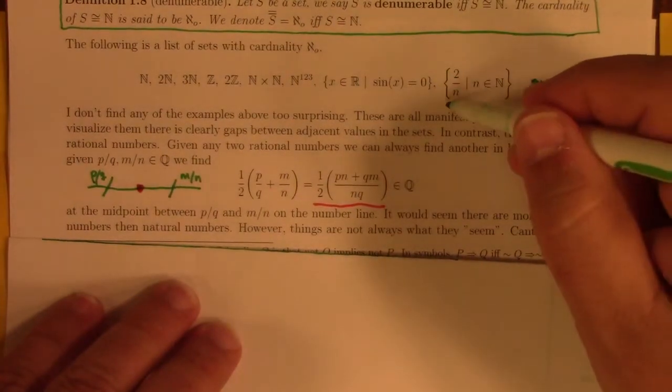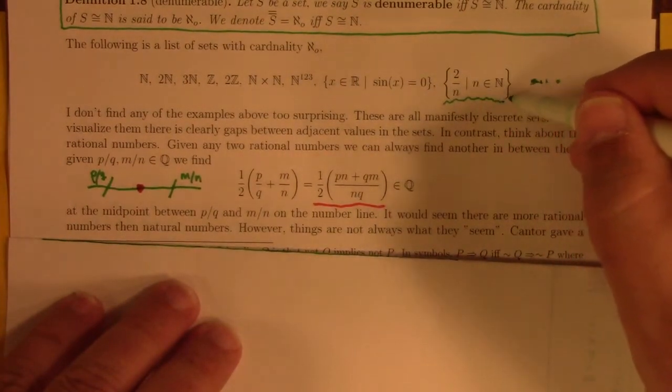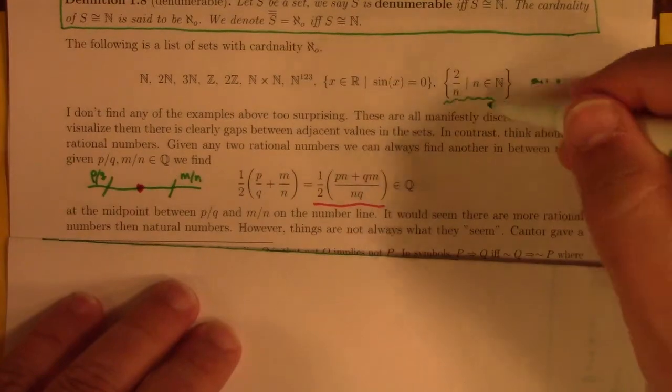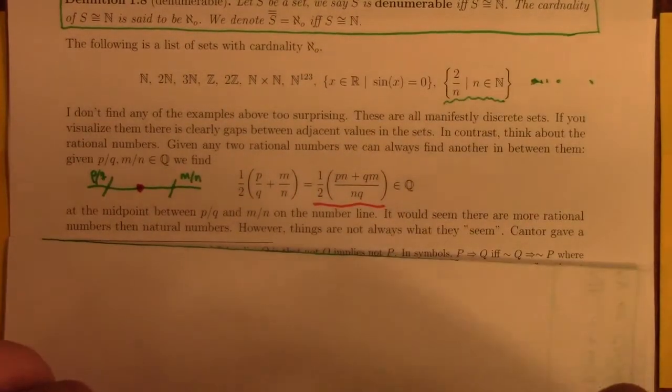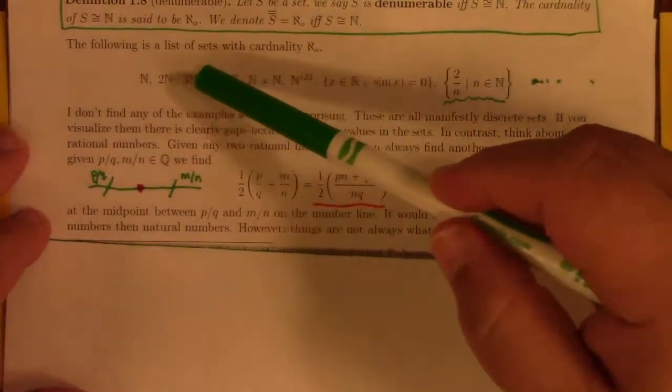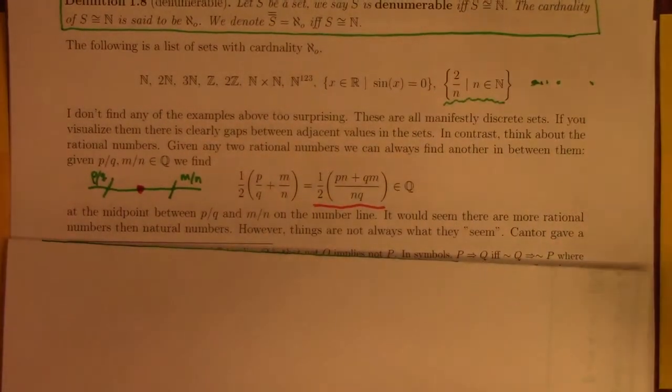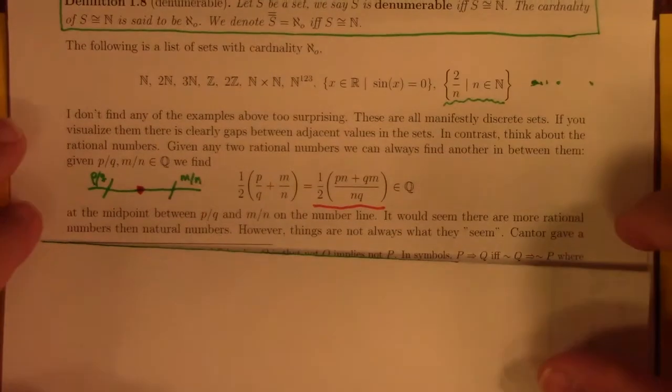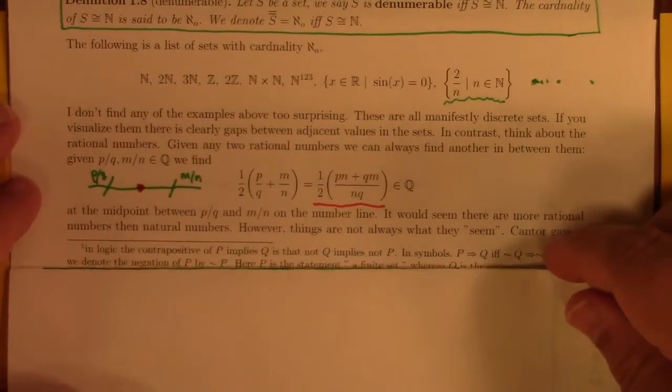I guess I should say this one is not manifestly discrete. In fact, I think this one's not discrete. Anyway, it definitely has something going on at 0, which is unlike these other ones. We'll make that very fuzzy comment more rigorous as this course goes on.